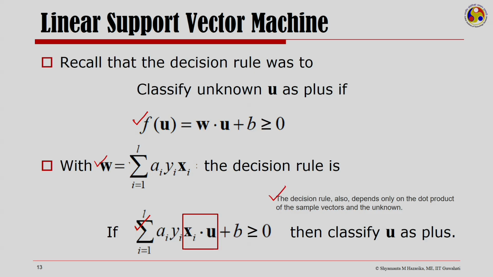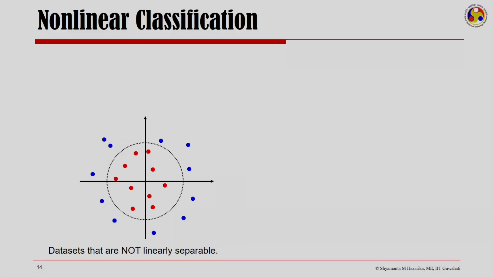Now, as I was referring to in the beginning of this lecture, support vector machines are actually binary linear classifiers, but then they can also deal with non-linear classification. Like here is a data set which is not linearly separable.